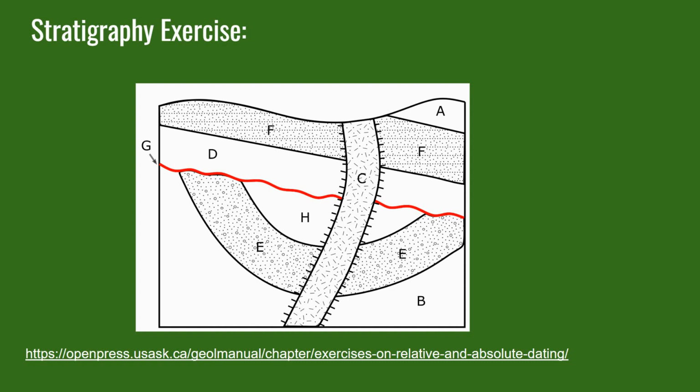You can check your answers using the link here. These slides are in the description of this recording, and there are also some other stratigraphy exercises you can do on this website. Definitely recommend thinking about this one for a bit.